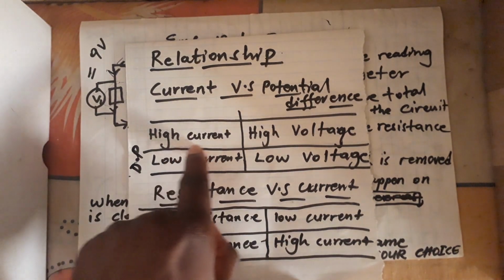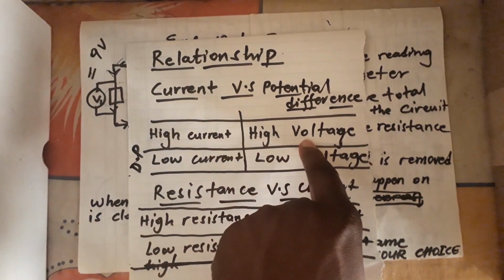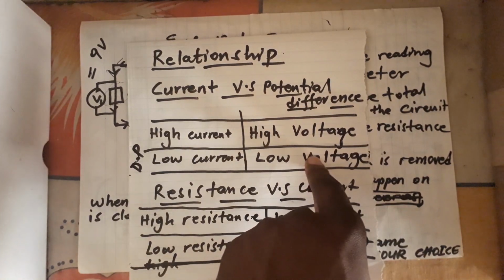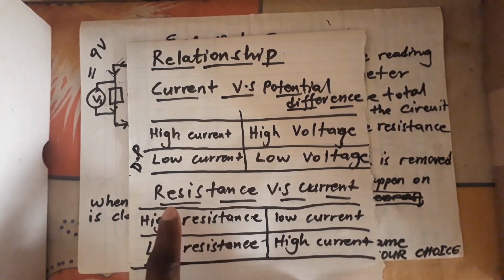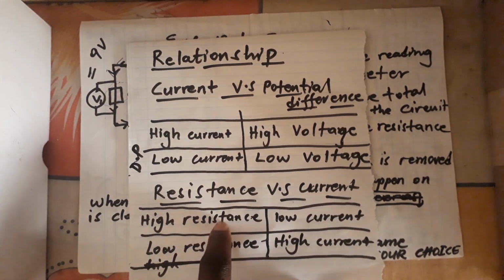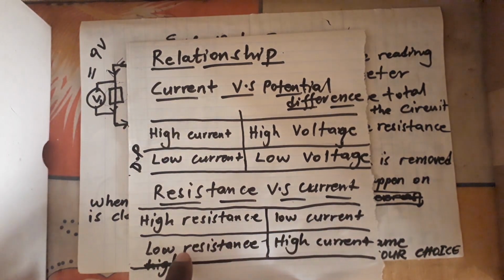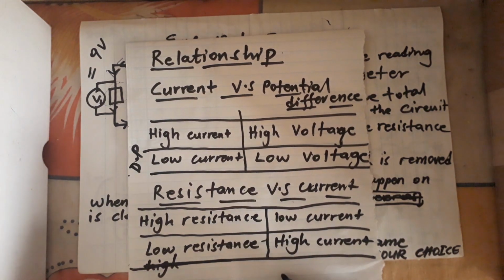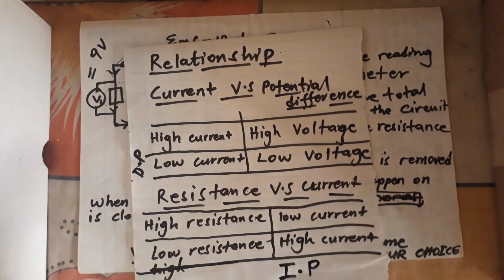Because when the current is high, the voltage is also high. When the current is low, the voltage is also low. But when we talk about resistance versus current, when the resistance is high, the current will be low. When the resistance is low, the current will be high, meaning that the relationship here is inversely proportional. I'm gonna use IP for inversely proportional and dP for directly proportional.